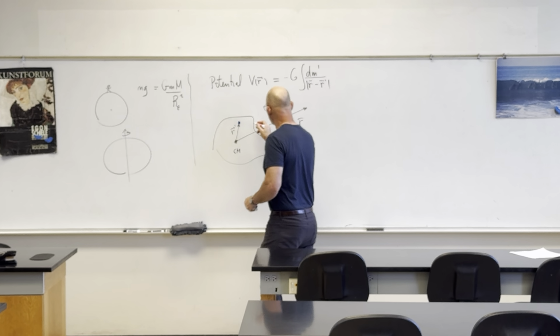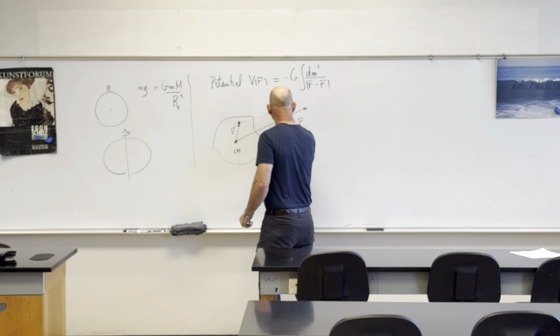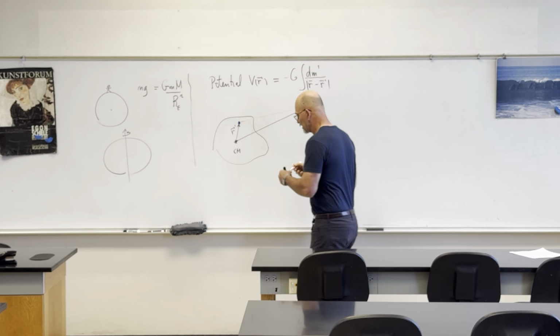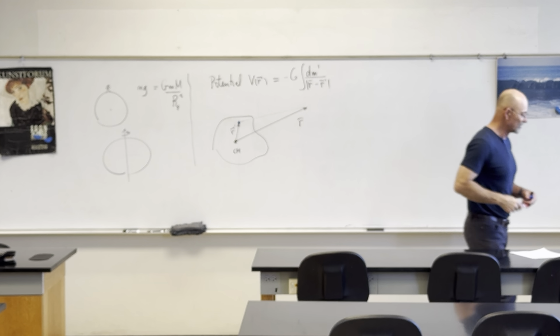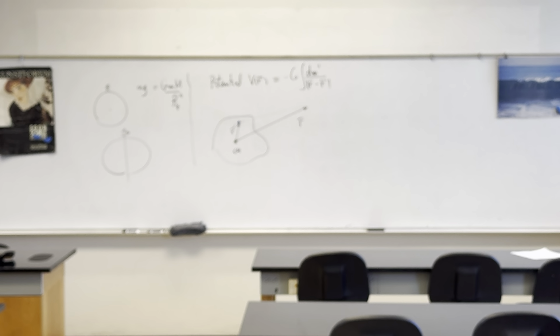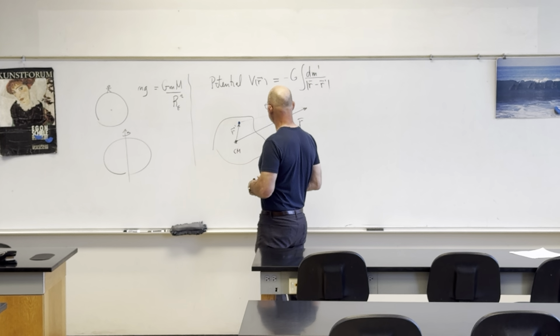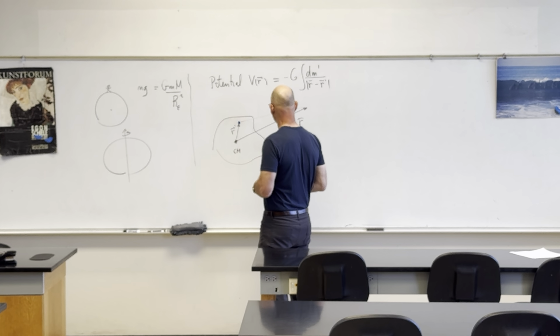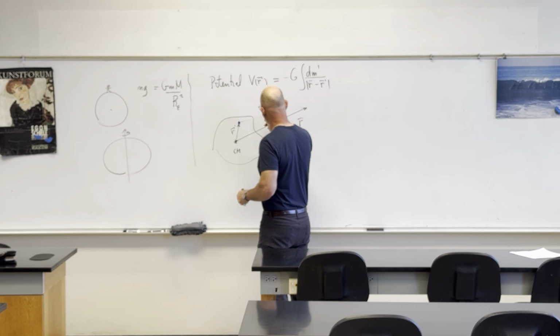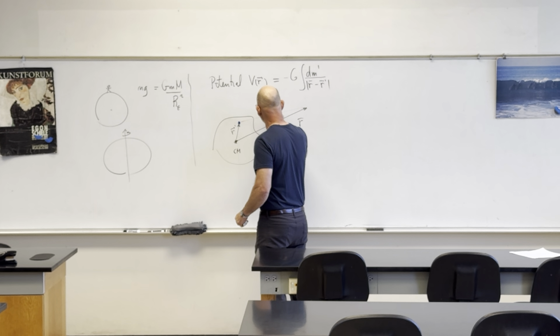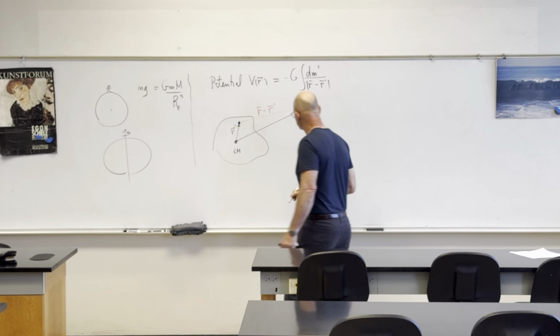And then if this is a little point mass right here that we're integrating over, then we would have this vector here. So this is our r minus r prime.